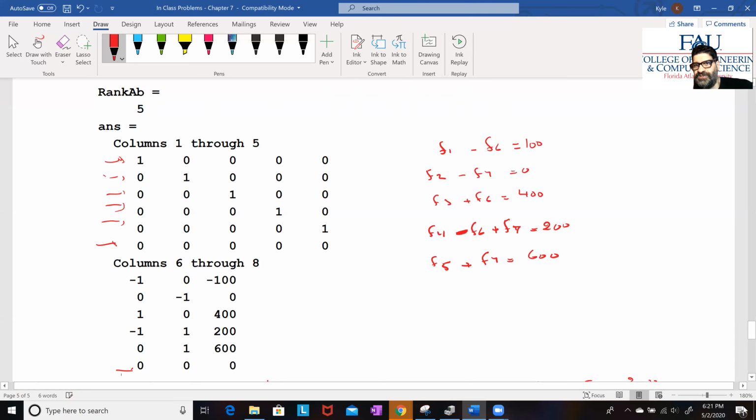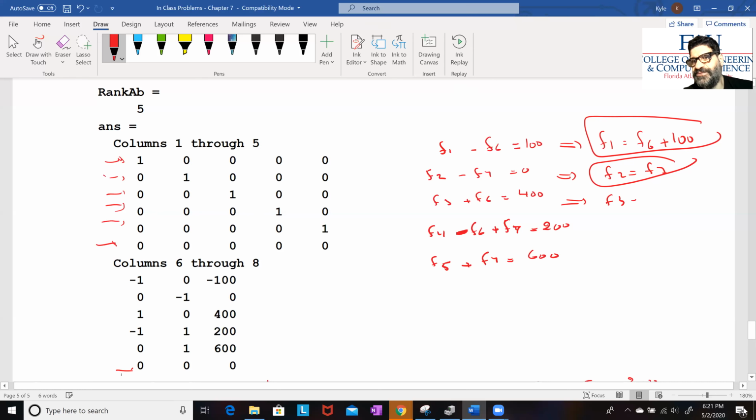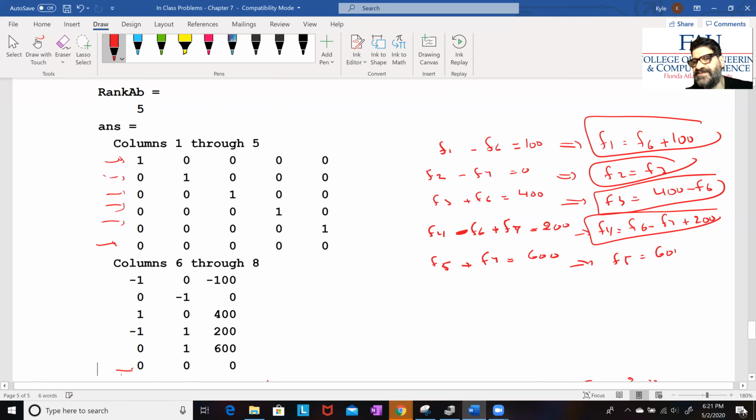Okay, so let's solve for each. The first one, f1 is equal to f6 plus 100. f2 is equal to f7, and f3 is equal to 400 minus f6, and f4 is equal to f6 minus f7 plus 200, and the last one is f5 equal to 600 minus f7.